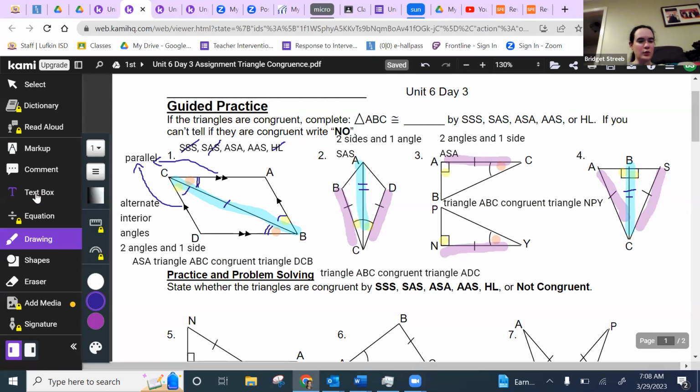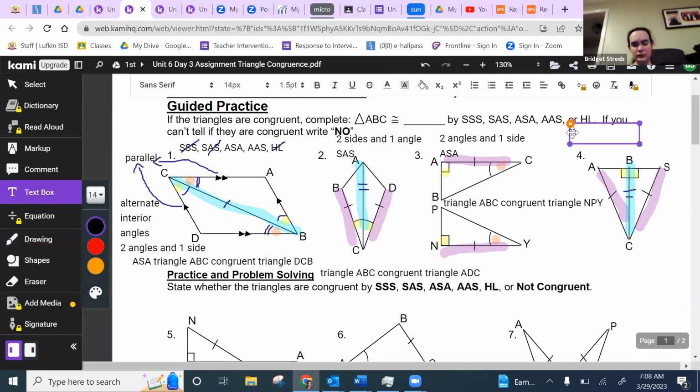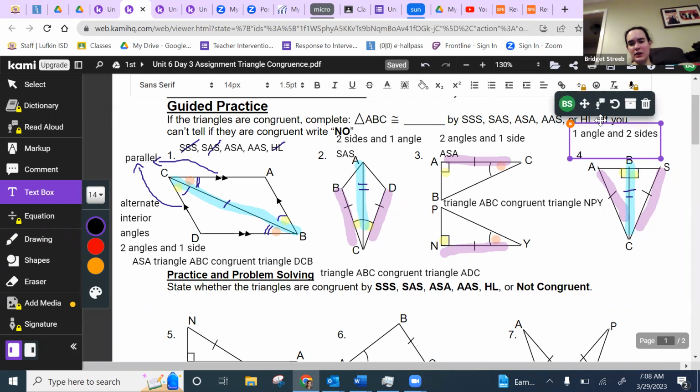So we have one angle and two sides. And so that means we either have side angle side or hypotenuse leg. We do have a right angle and the side across from this right angle. So we do have hypotenuse leg.